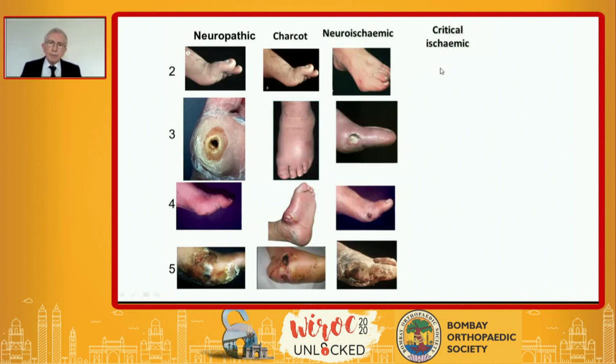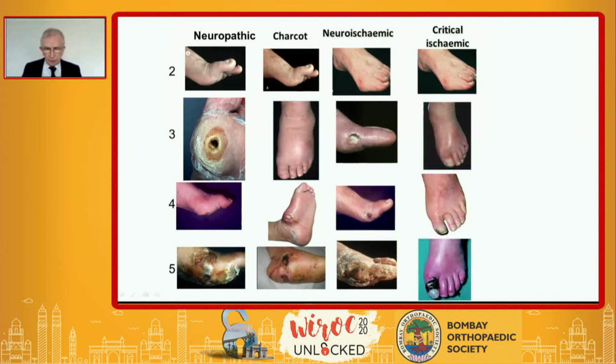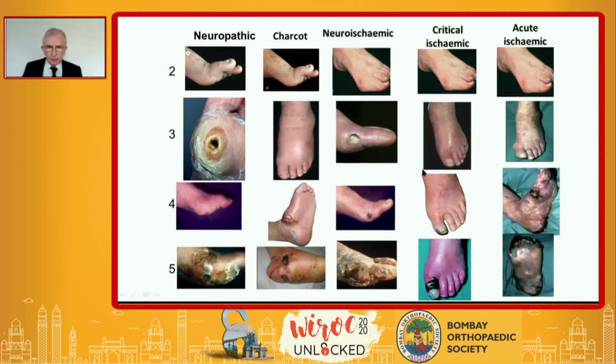Alternatively, the high-risk ischemic foot can suffer a severe reduction in blood supply, critical ischemia, and this is the pink painful foot of critical ischemia, which then can lead to reduction in perfusion and reduction of oxygenation and necrosis. And finally, the acutely ischemic foot, with a sudden reduction of blood supply, leading to cyanosis and widespread necrosis.